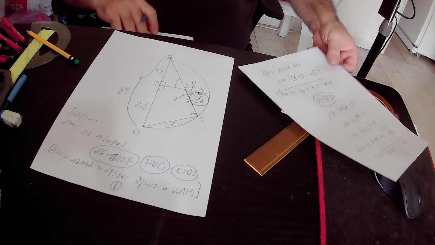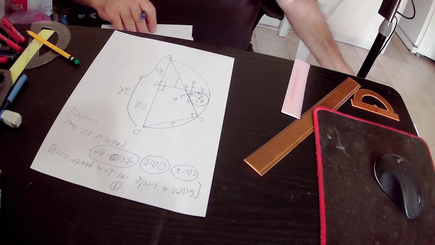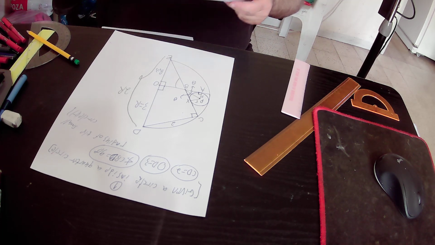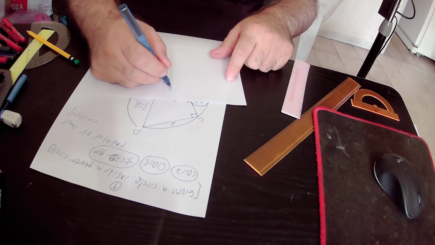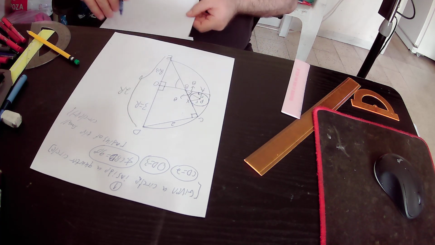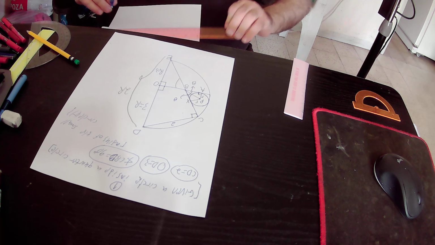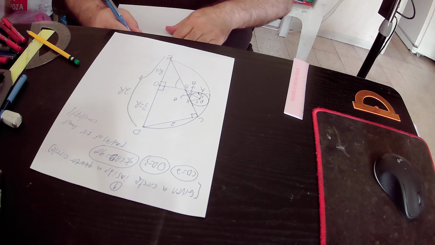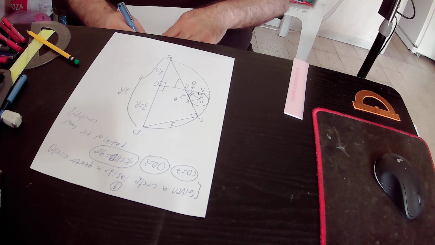Maybe I will draw them again in order to see it clearly. Angle ABO, or AO, intersects with CE.